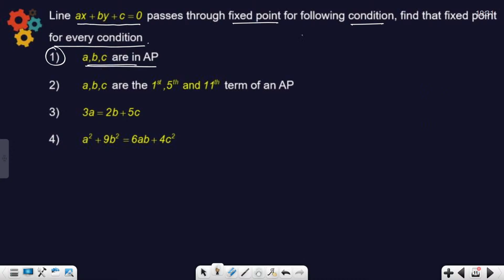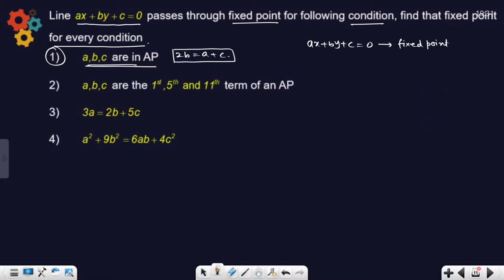If A, B, C are in AP, you have to show that ax plus by plus c equals 0 passes through a fixed point, and you have to find out that fixed point. Now look very carefully. They have said that A, B, C are in AP. It means 2B equals A plus C.